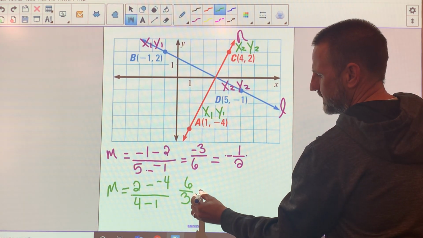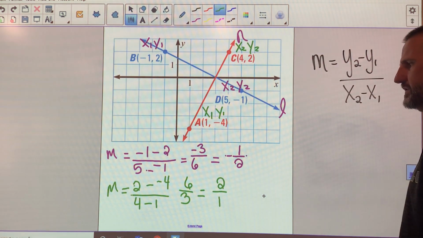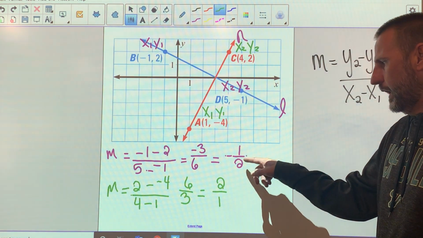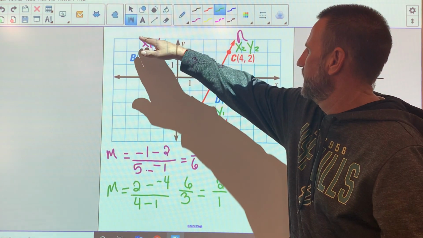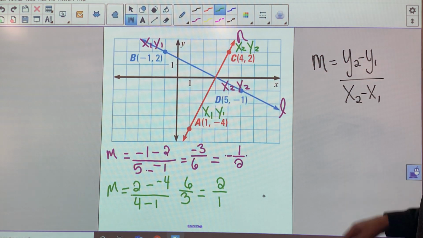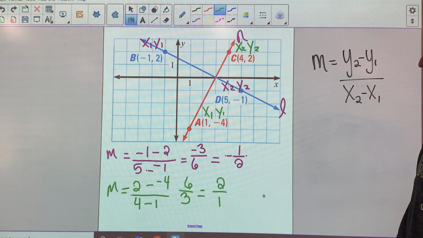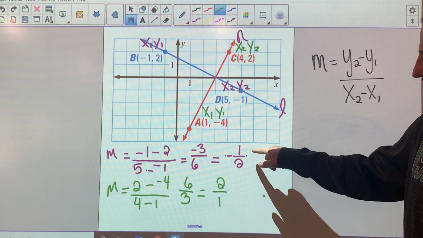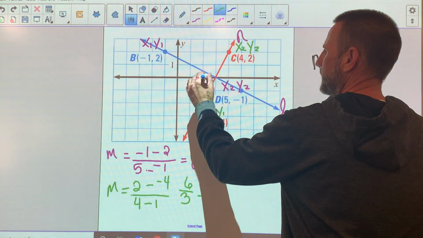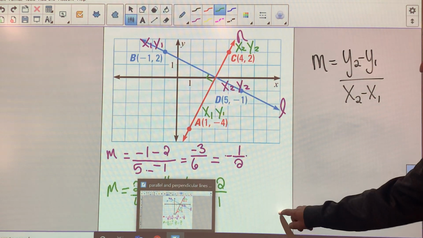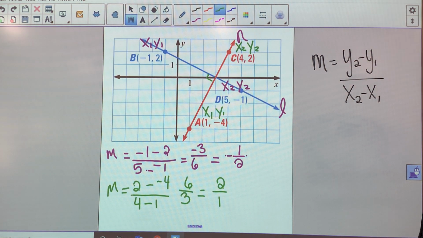And if I reduce that down, that's 2/1. And once again, I'm looking at these two, and I've got opposite reciprocals. I've got opposite signs. You can see the blue line goes down the page, whereas the red line goes up the page. And then when they intersect, I notice because I got -1/2 and 2/1, that these two are making a 90-degree angle right there. And that's called perpendicular lines. That's from a graphing perspective.